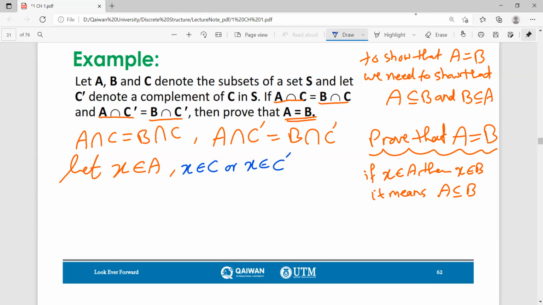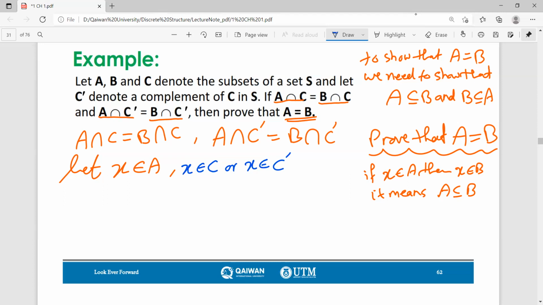Look, here we say it's either X in C or it's not in C. If it's not in C, it means it's in C complement. If an element does not belong to a set, it means that element is in its complement. So here we say X in C or X in C complement.